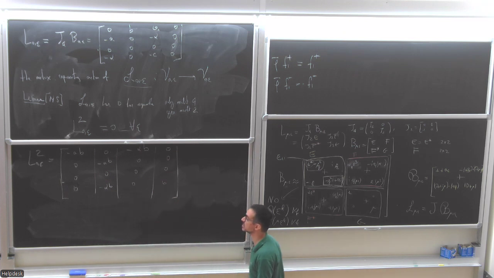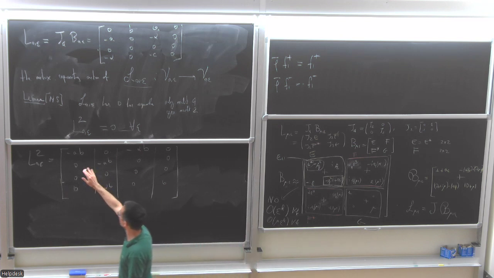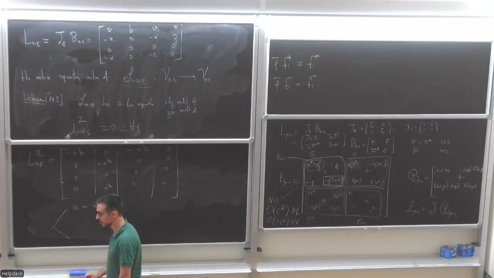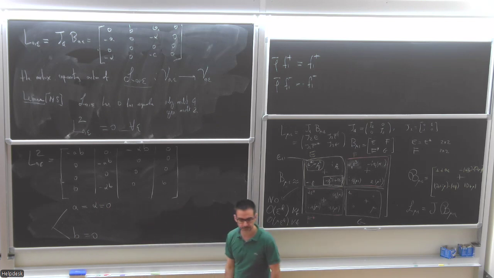And this matrix is 0, meaning that A times B and minus alpha times B must be 0. So there are two possibilities: either A is equal to alpha is equal to 0, or you need B to be equal to 0.